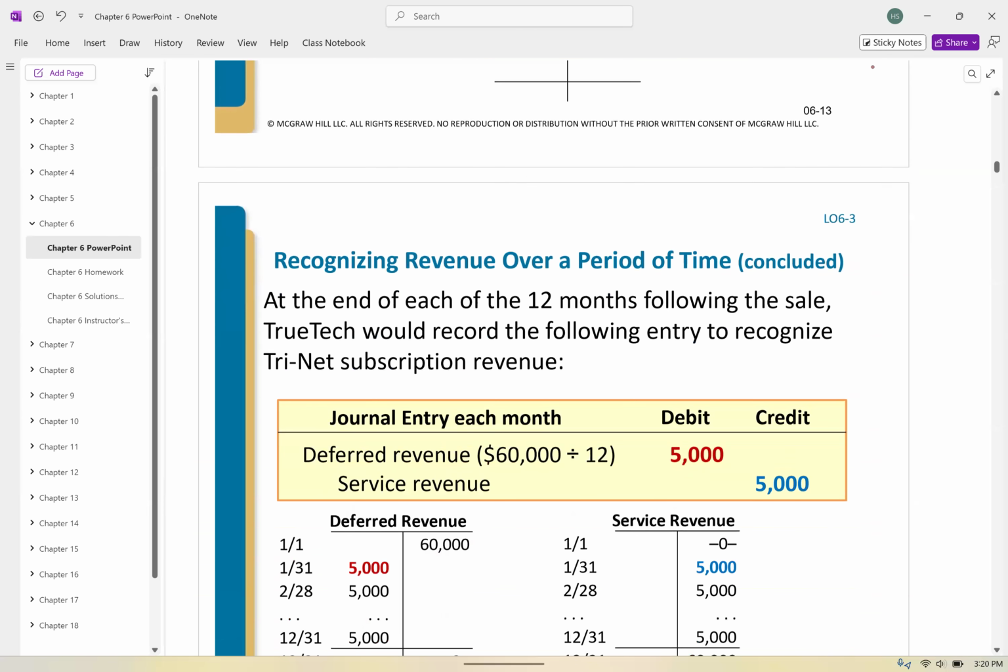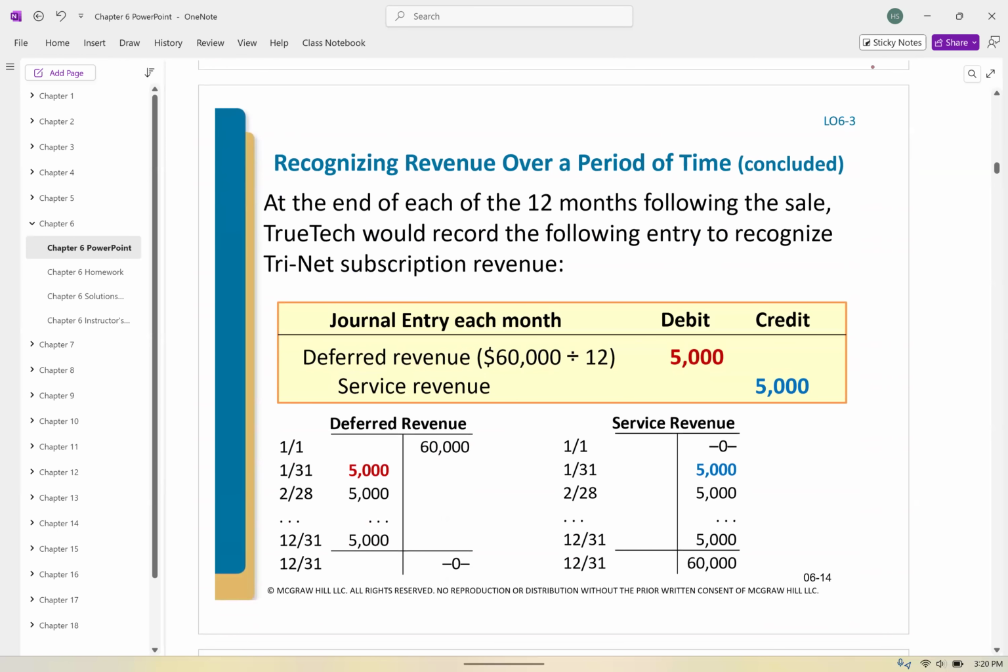Okay. So at the end of each of the 12 months following the sale, TruTech will record the following entry to recognize the subscription revenue. Okay, so January 31st, they would make this entry. They're just dividing it by 12 because it was a 1-year contract. We're taking it out of the deferred revenue, putting it into the service revenue.